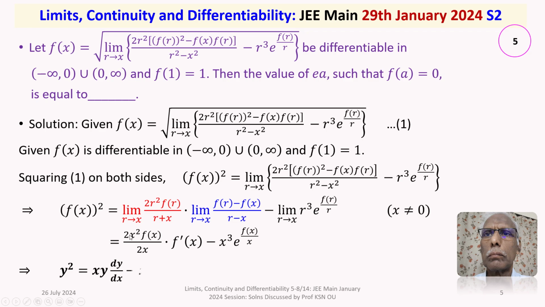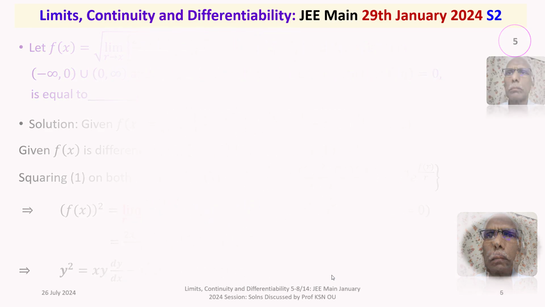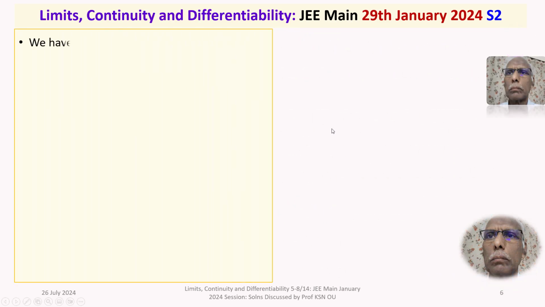Then this will be y square, where f of x is y of x. y square is equal to x, f of x is y, into f prime x is dy by dx, minus x cube into e to the power of y by x, where y is f of x. Let's continue in the next slide.